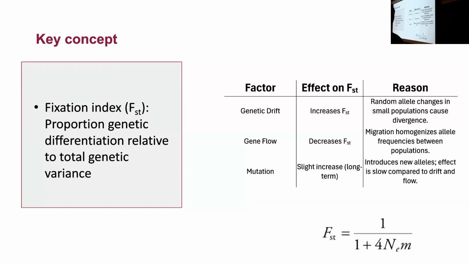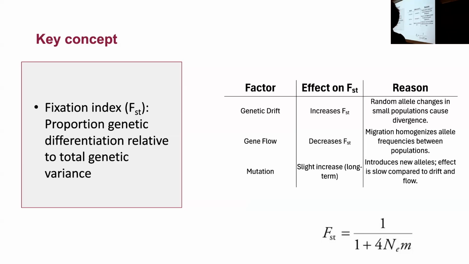That creates a differentiation higher than when you have larger populations. The opposite is gene flow. When there's gene flow, you have new input of genes in the other population, and this tends to bring it down.